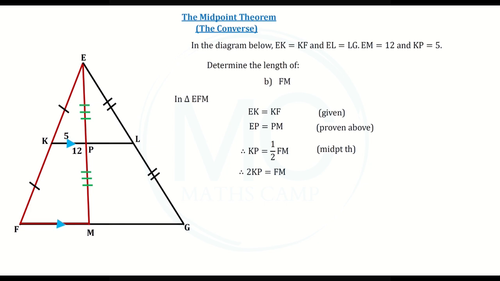And we know that KP is 5 units long because this information has been given to us in the question. And we can use this to find the length of FM. FM is twice the length of KP. So we can say FM is equal to 2 multiplied by 5, which means that FM must be equal to 10 units.